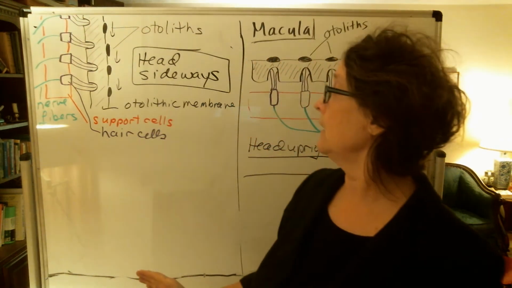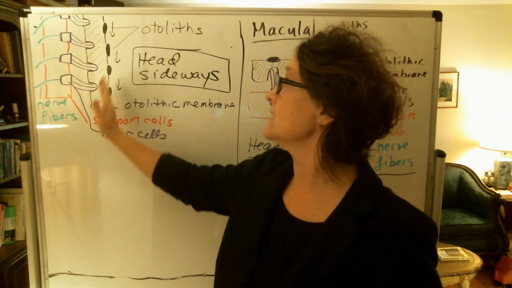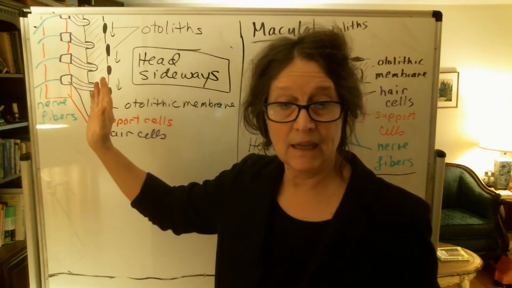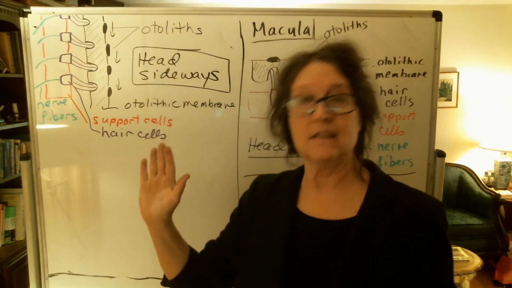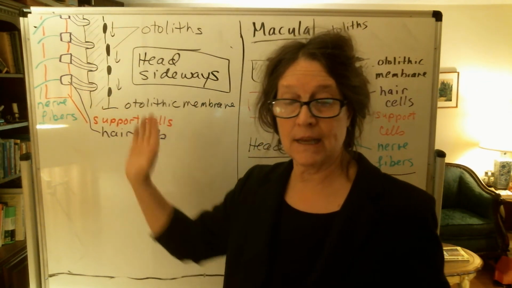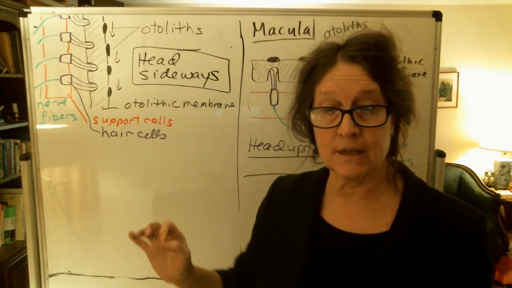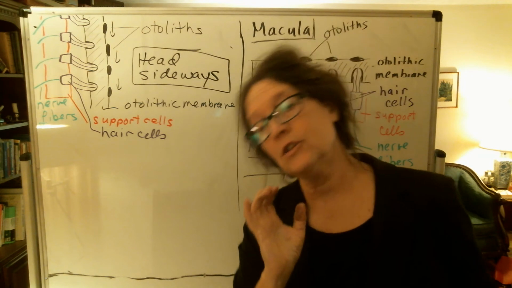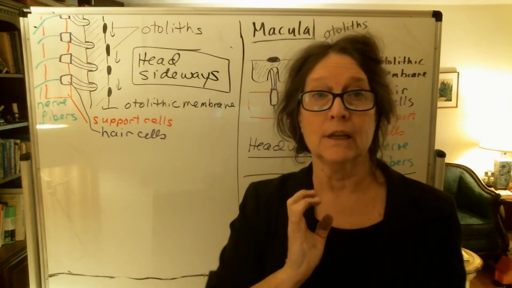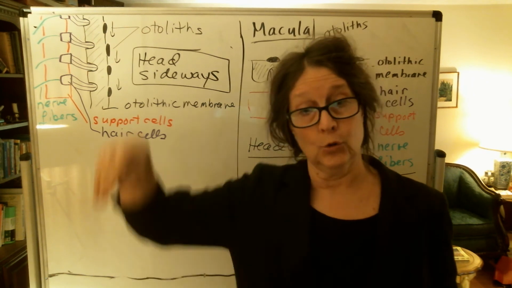These, meanwhile, are embedded in the support cell. So as a result, you get some hair stretching and some hair bending here. And that is the movement, this bending of these hairs then, that tells you that your head is sideways. It tells you that your head has changed its orientation with relation to gravity. It has changed its orientation with relation to down.